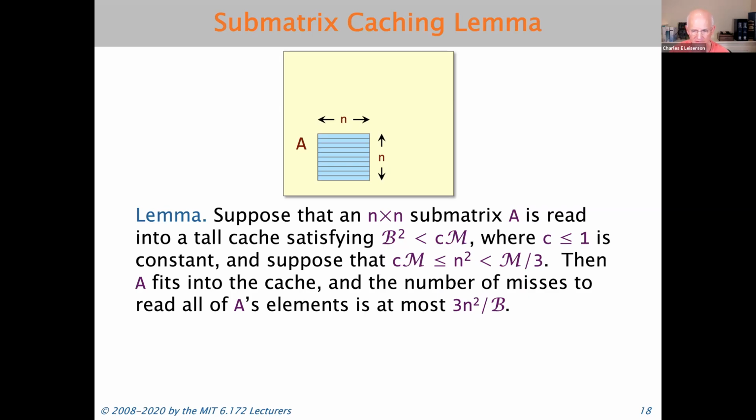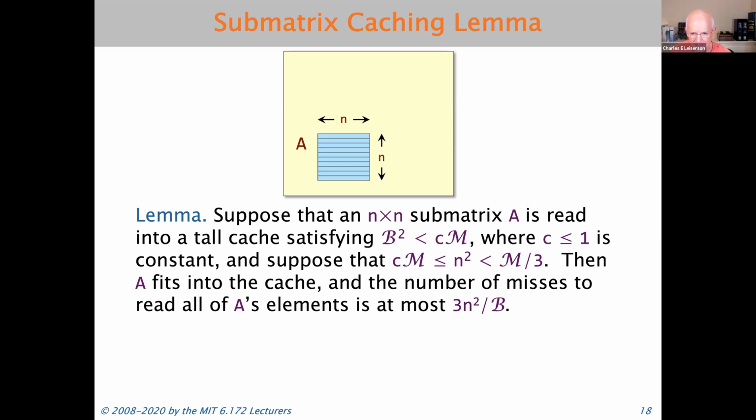So assume that we have a tall ideal cache, and we have an n by n submatrix A that's read into it, where n satisfies this sandwich inequality here: n squared is at least cm, but it's smaller than 1/3 m. So the size of the matrix A is approximately the size of the cache, but not too big and not too small.